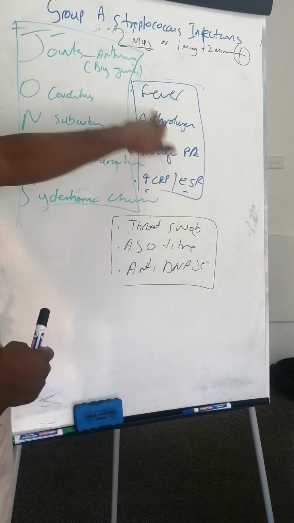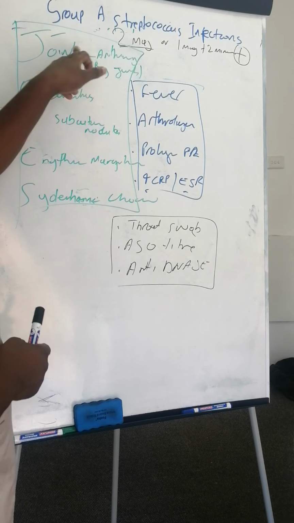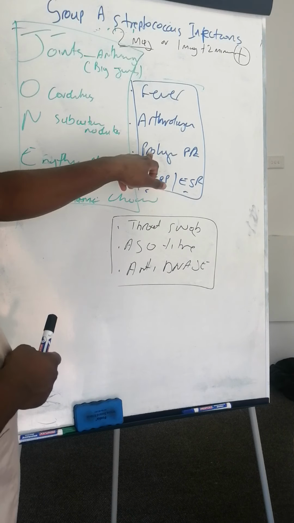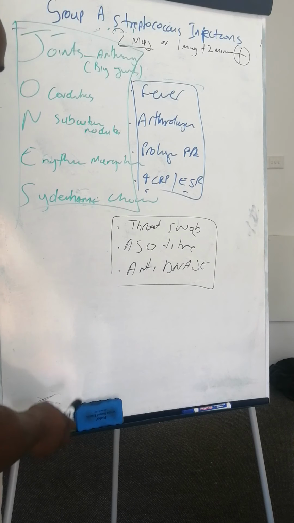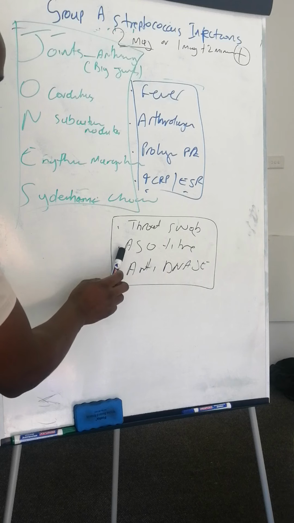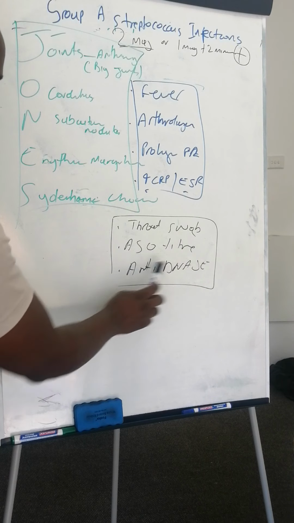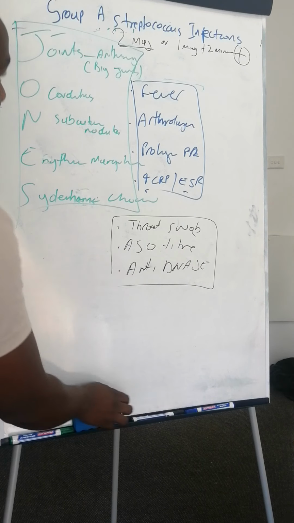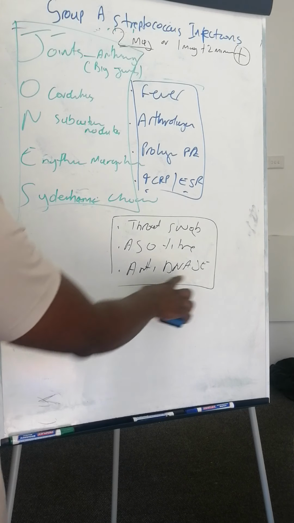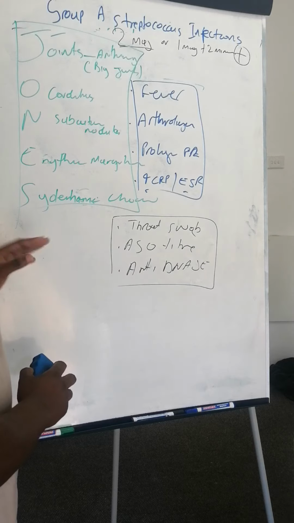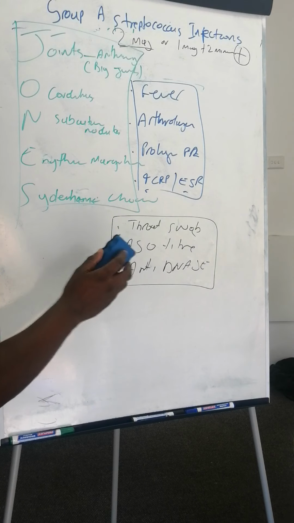Remember, this is arthralgia, this is arthritis. A prolonged PR, and a CRP or ESR that is elevated. Evidence: throat swab, anti-streptolysin O titers, anti-DNase antibodies. So that's your Jones criteria.